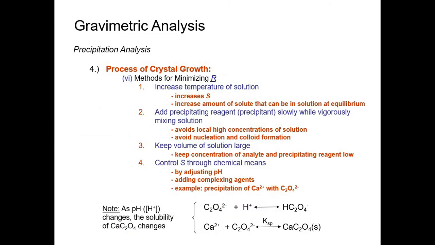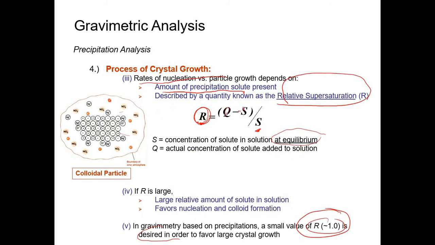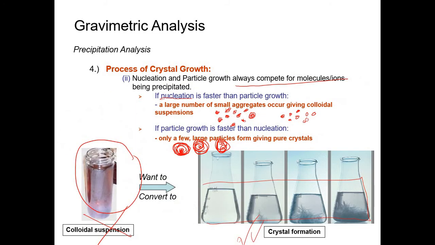So to minimize R, we have several methods. First, we can increase the temperature of the solution. If we increase the temperature, the concentration of solute in solution at equilibrium will increase, right? So if S increases, R decreases, because the solute dissolves more at higher temperature.